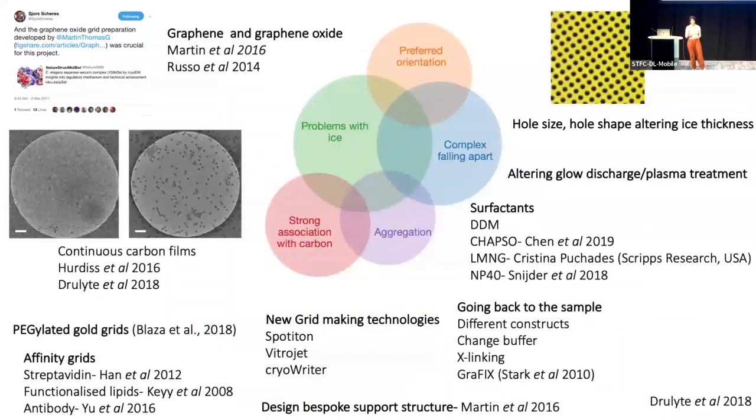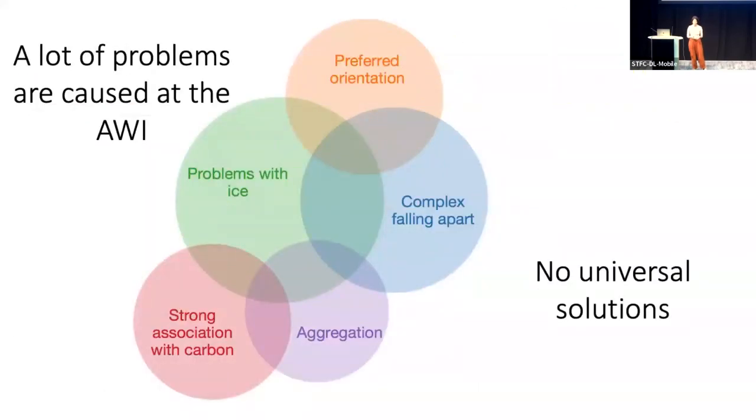The good news, or the bad news, is that there are a huge number of tools in the literature that have been reported to allow users to make changes to hopefully alter their particle distribution on the grid and to help overcome some of these issues. I think it's really striking to me that as a field, we haven't been able to settle on very many universal solutions to these problems.